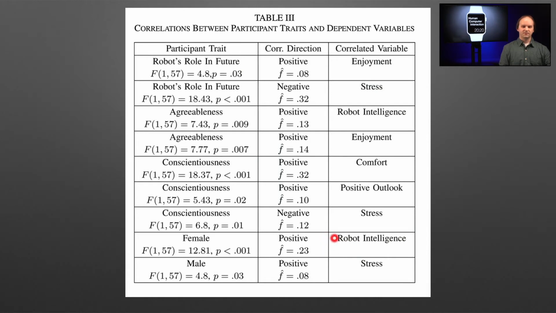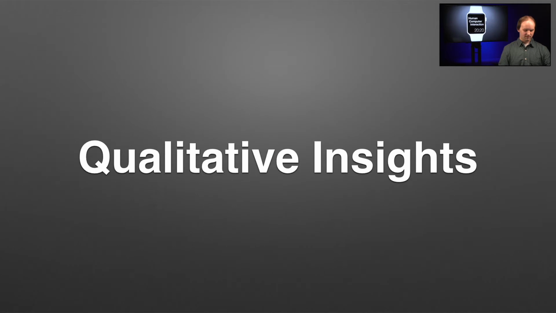People who reported being female also were more likely to report the robot's intelligence as being higher, and males were more likely to report being stressed. So these are relationships that exist across conditions. It's important to report those, because it can give you a little bit of interesting insight.